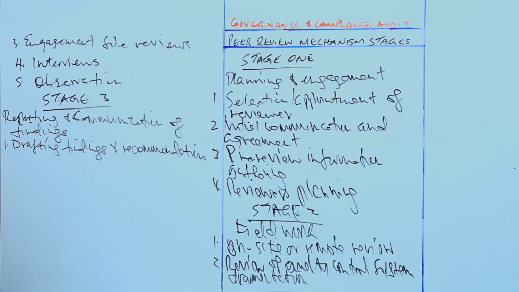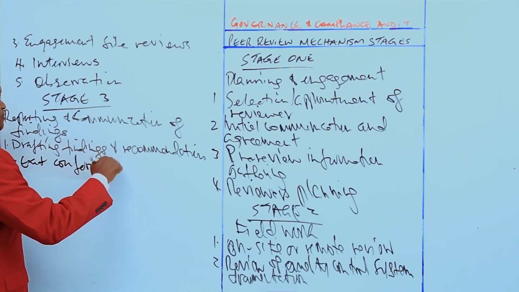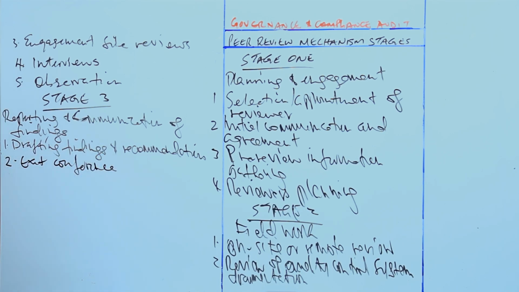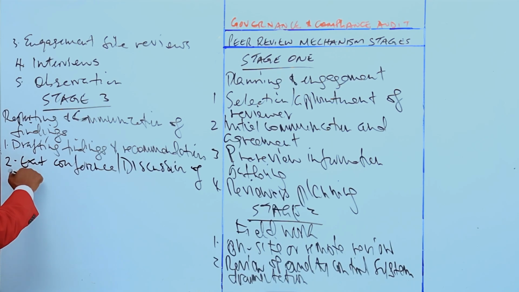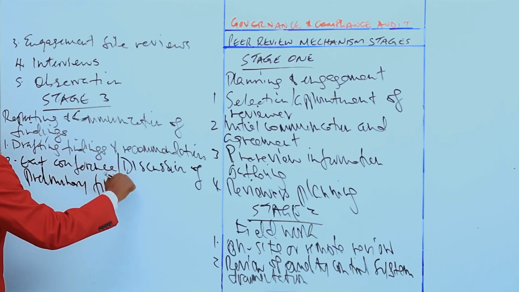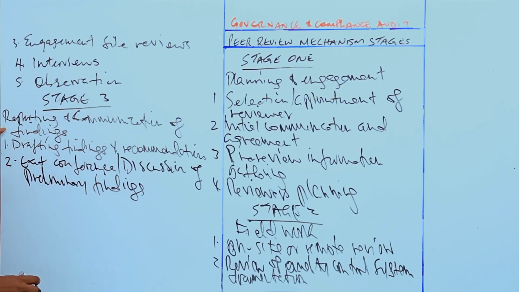Then there is the exit conference. The second thing is what we call the exit conference, or discussion of preliminary findings. Now at the reporting stage, first of all, the reviewer drafts findings and recommendations.